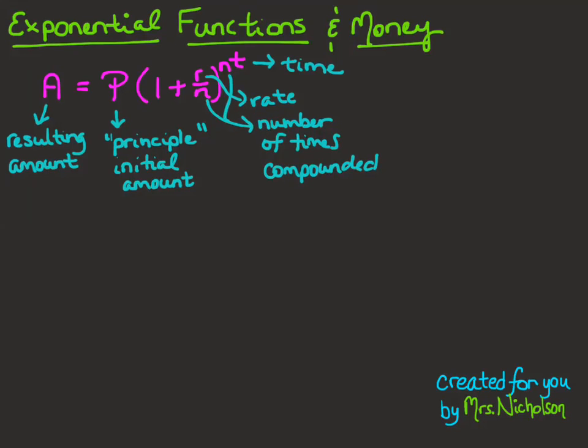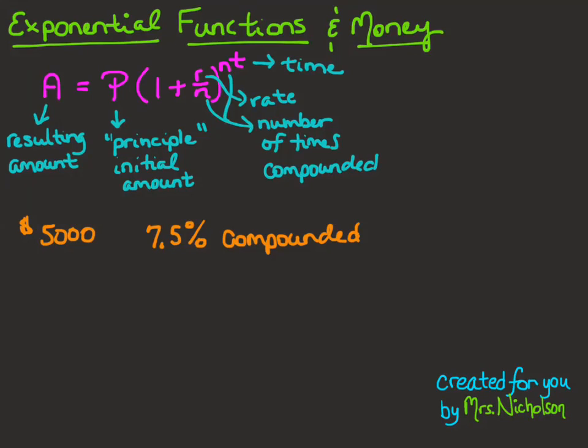So let's imagine that I have $10,000 to invest. I'm sorry, I meant to say $5,000 to invest. Let's say that I have $5,000 to invest. The bank is offering me 7.5% annual rate compounded quarterly.